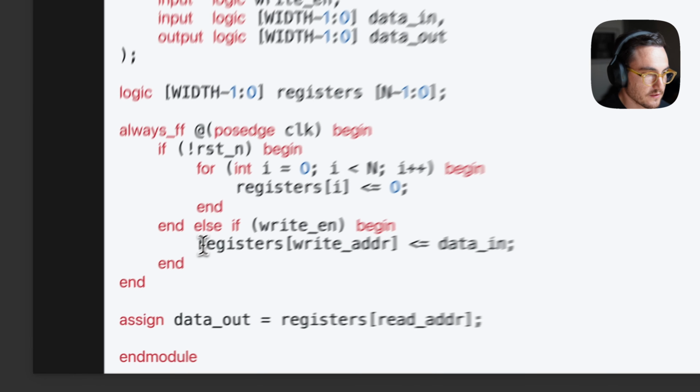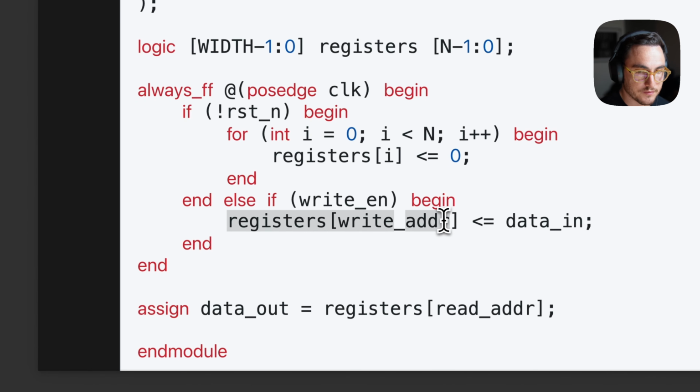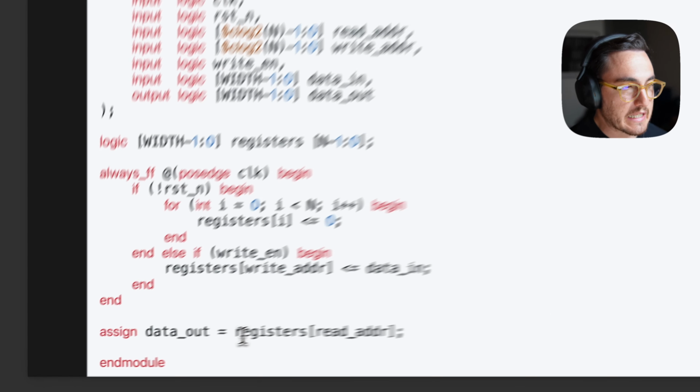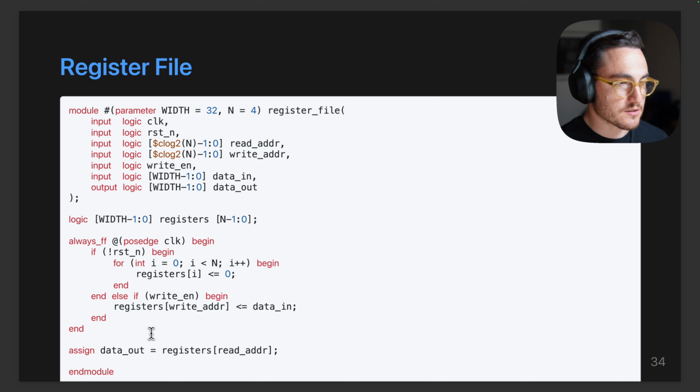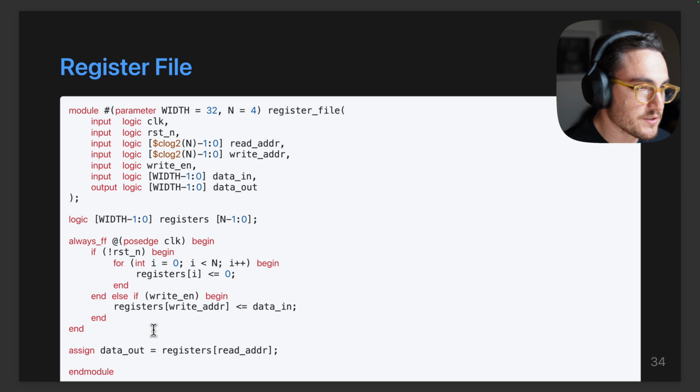So you can think of this as the Q of the flop, but the data out can be read anytime we want, because it typically happens with some decoders which are combinatorial logic by design. Okay, so this is the difference here between the read path and the write path.